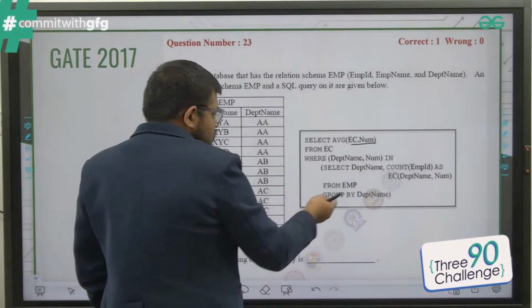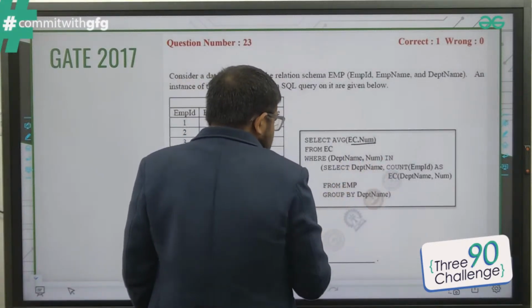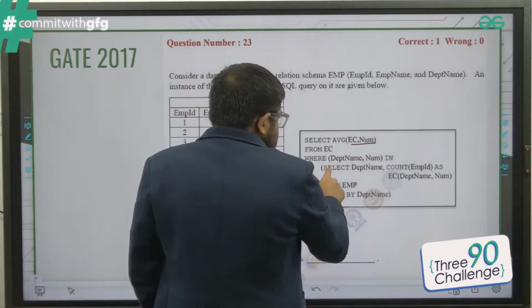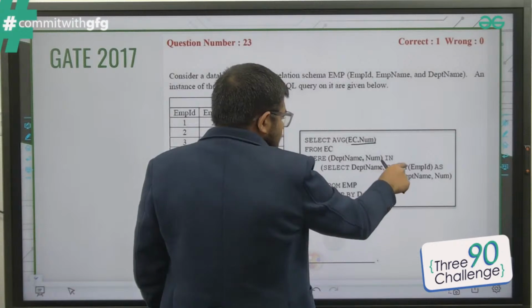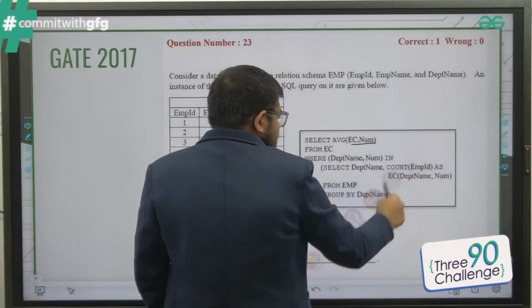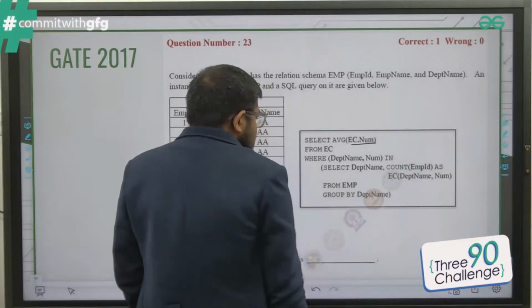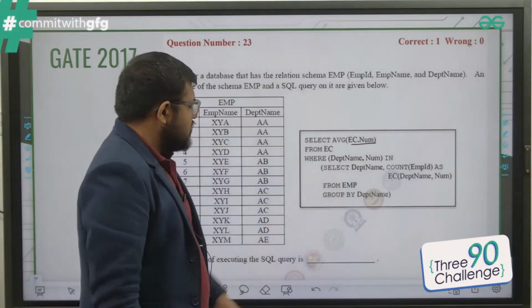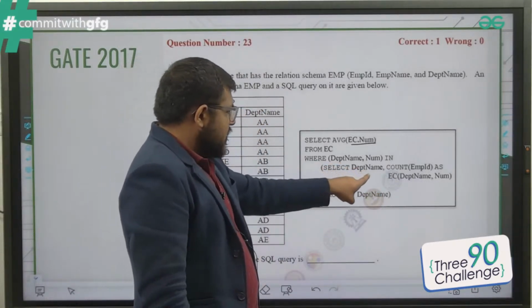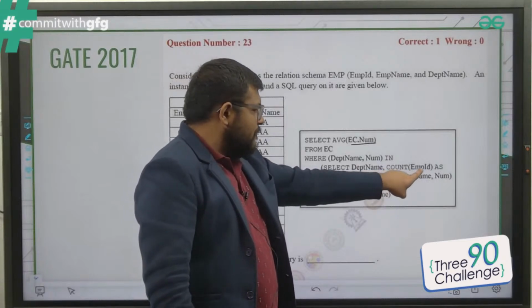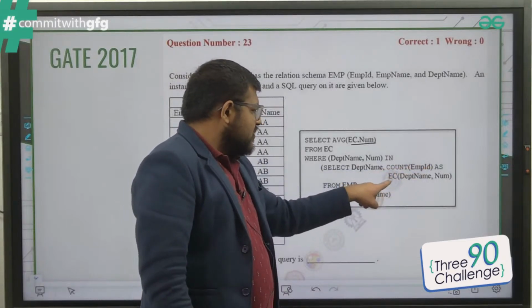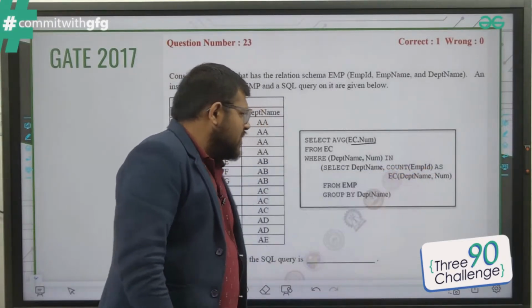Now this is the subquery. What does it say? Select department name comma count of employee ID as ec department name comma num from employee group by department name. So let's solve this inner query first. They are selecting department name and count of employee ID as num.